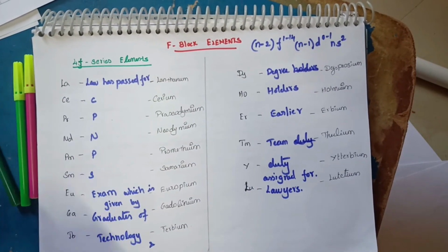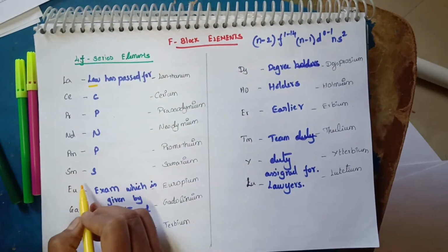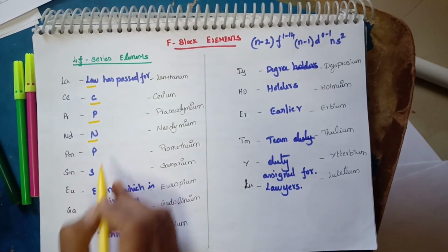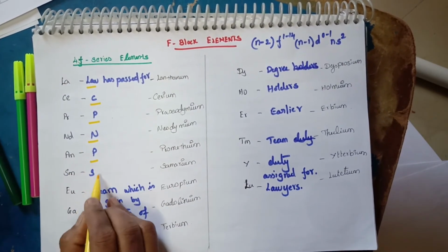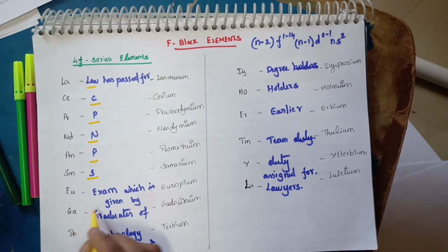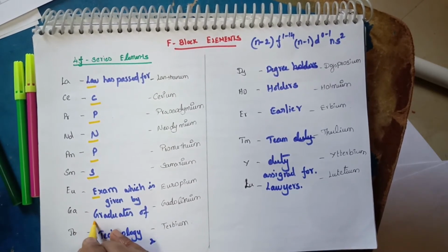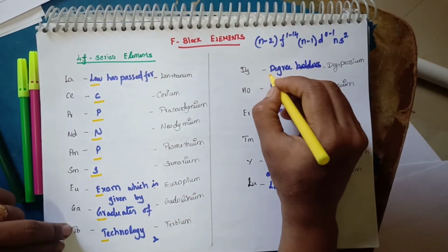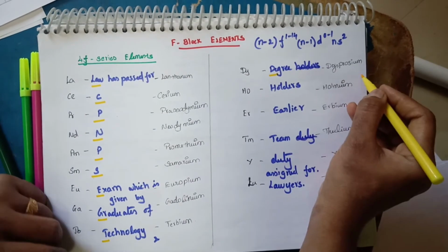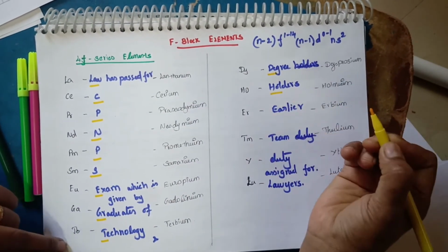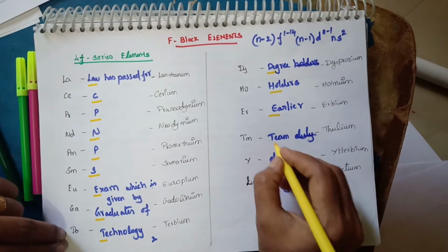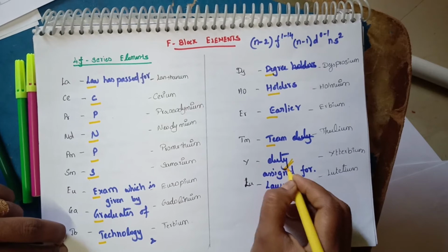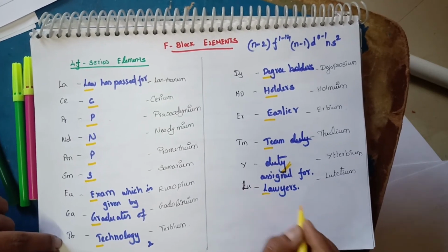These letters indicate: La for lanthanum, C for cerium, P for praseodymium, N for neodymium, P for promethium, Sa for samarium, E for europium, G for gadolinium, T for terbium, D for dysprosium, O for holmium, E for erbium, T for thulium, then duty, this Y is for ytterbium, and then L for lutetium.